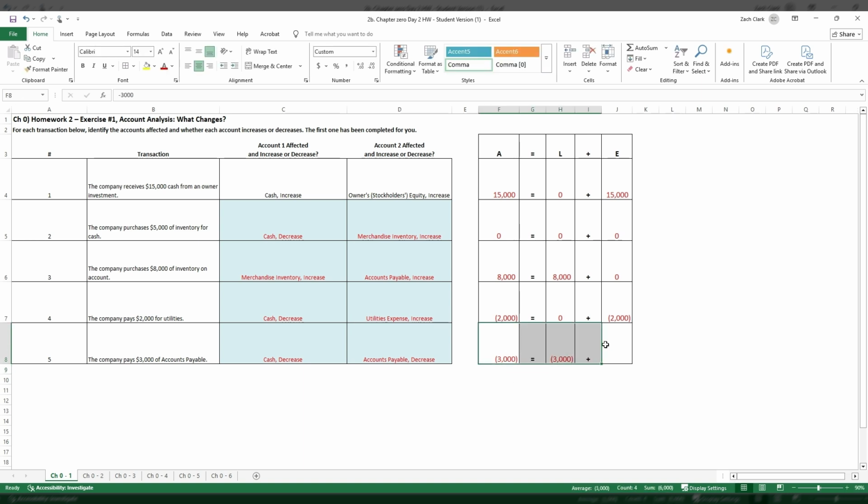Here we can see that our equation still balances. And if these were the only two transactions in this company's history, or if accounts payable had a zero balance before this transaction, this brought it up to $8,000, and then we made a payment of $3,000, then our residual balance in accounts payable would be $5,000 at this point, right?